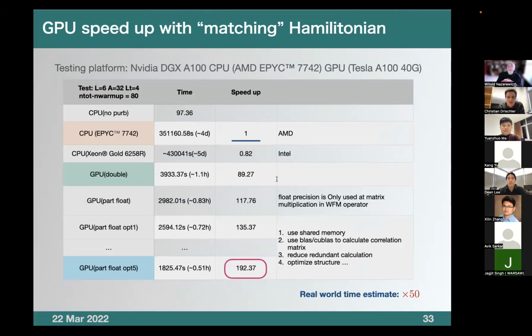Yes, of course we need to use cuBLAS, but more than that, we actually need to optimize kernel by kernel. There are many other strategies. Maybe I can show one example.